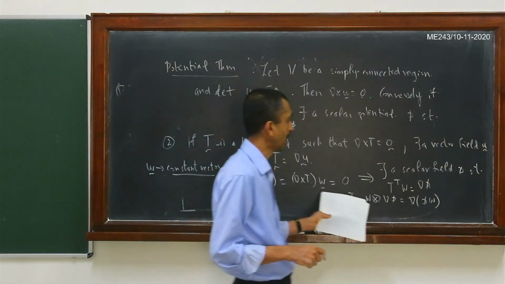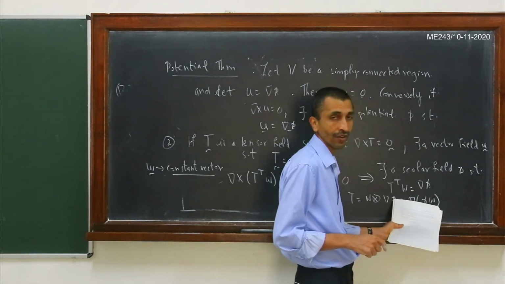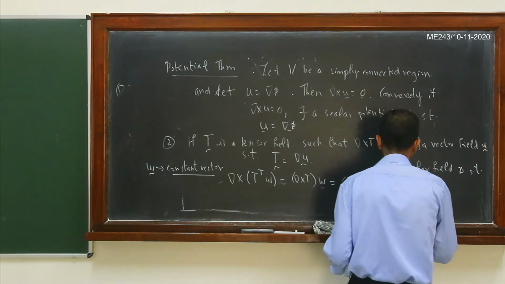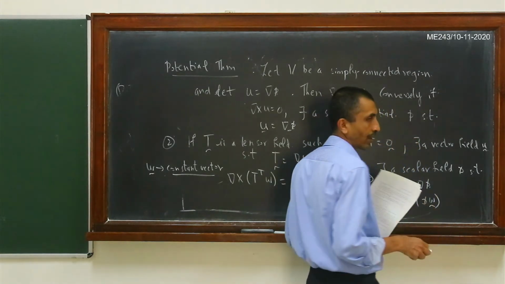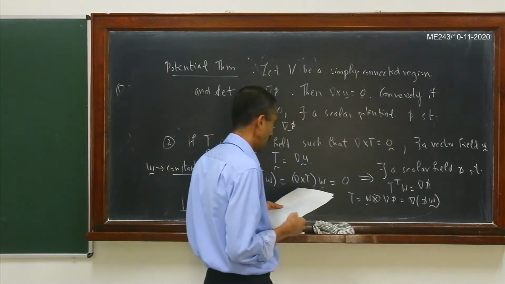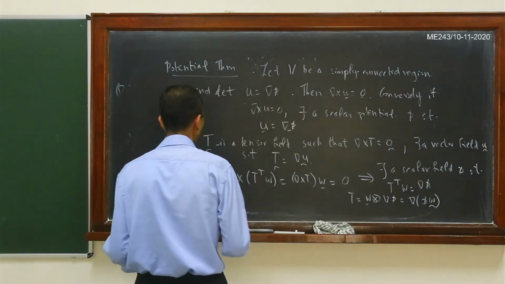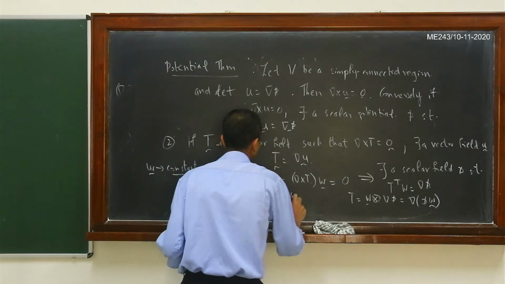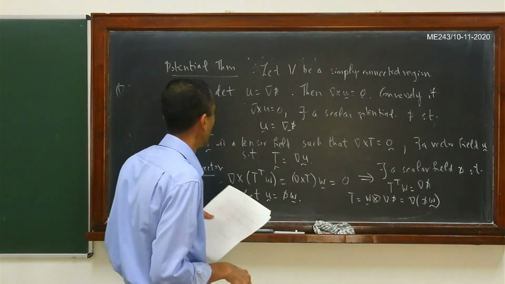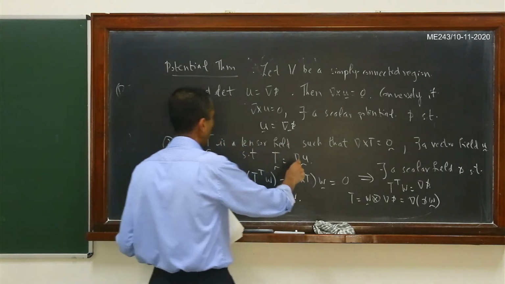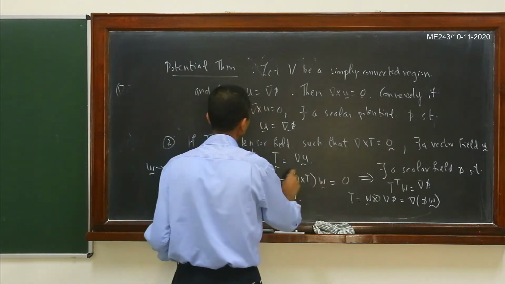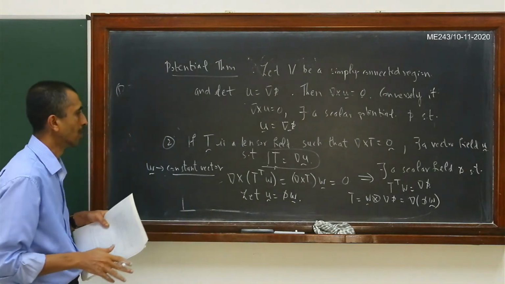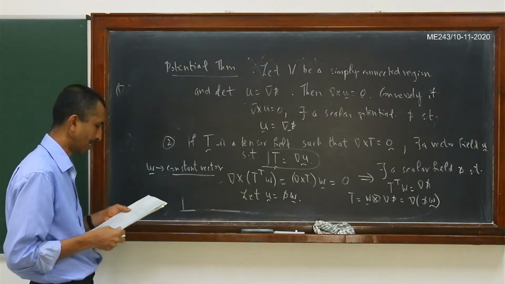So W dyadic del phi I can write as del of phi W, and then this I can call as U now. So the U vector you define as phi W. So let now U be equal to phi times W, and then I get that there exists a vector field U such that T is equal to del U. So that proves this particular result here.